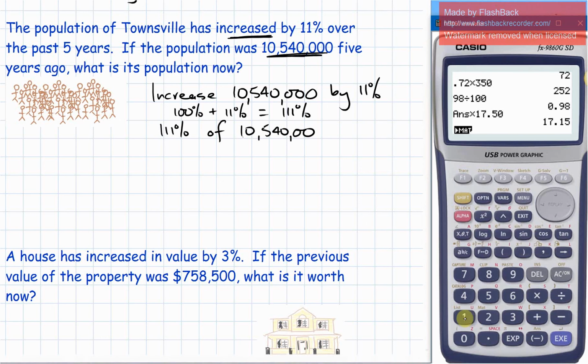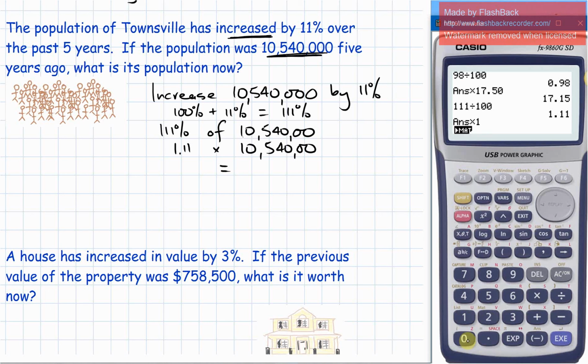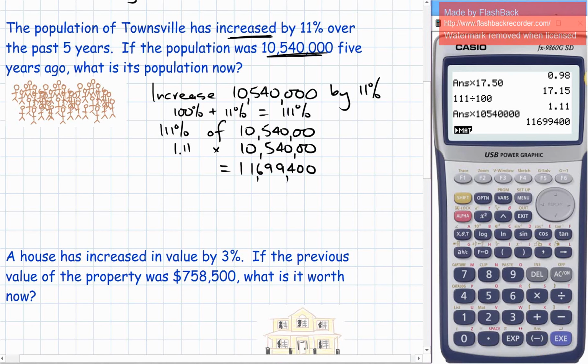So 111%, divide that by 100, I get 1.11 times that number there. Okay, so 1.11 times 10,540,000. So 11,699,400 people. So that population has increased.